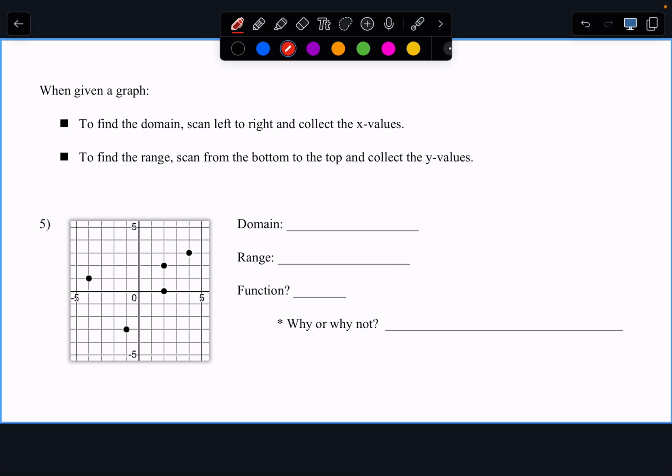If I start at the left and go to the right, what's the x value here? -4. And then I keep going, what's this x value? And then this guy. Oh, but this also has an x value of 2. Okay, good to know. And then this guy. 4.